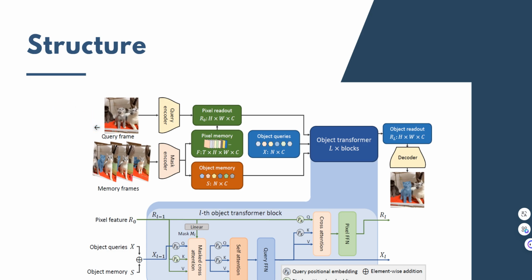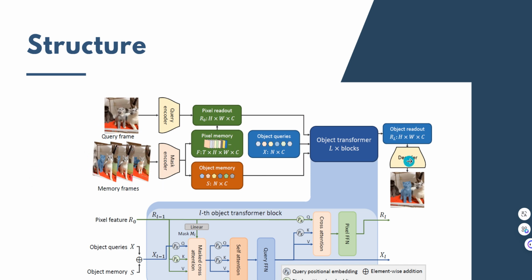As I mentioned, we input the video, and the model separates it into frames, which is the query frame here, meaning each frame. The memory frame means the model has trained data, a sequence with many frames here.